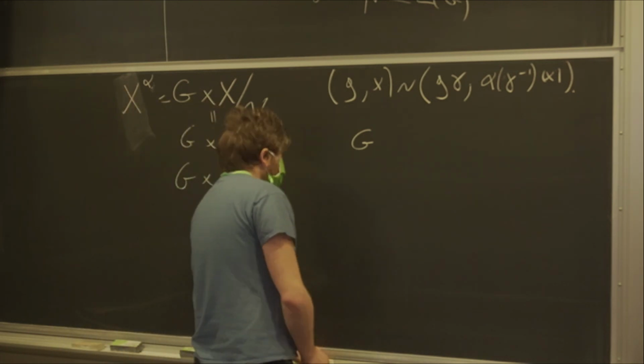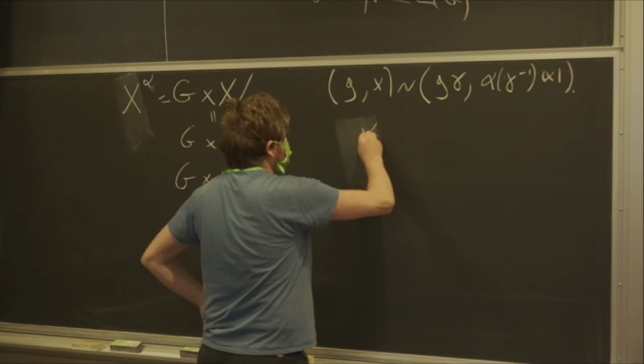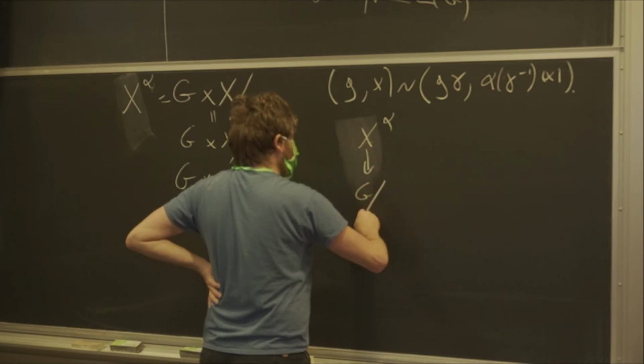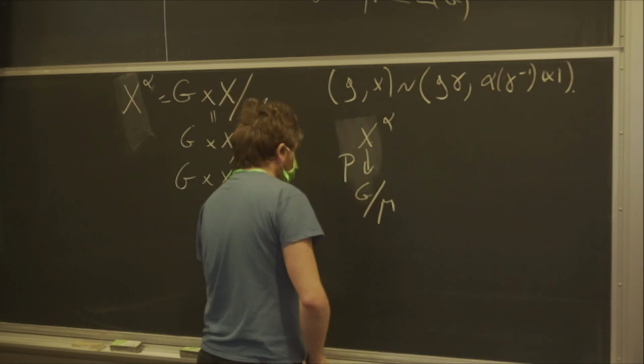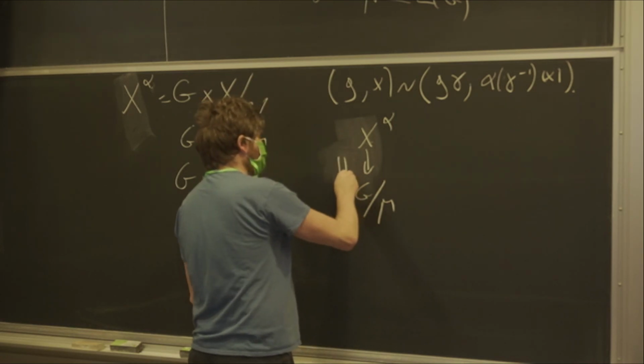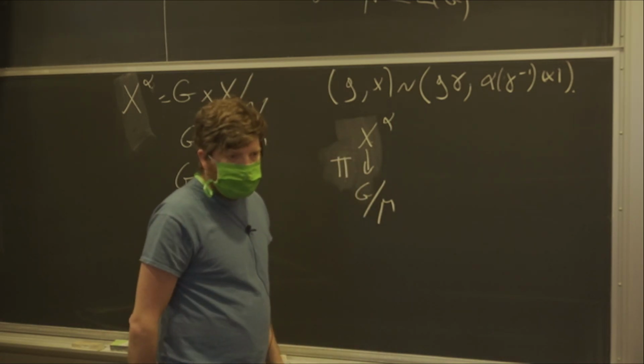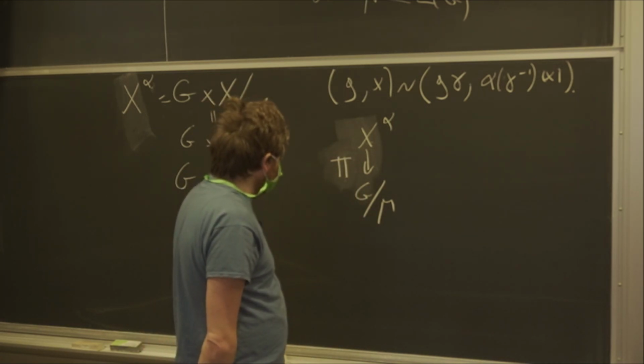So you have this natural projection from X_alpha into G mod gamma. Let's call it pi instead of p, because p will be a lot of guys. So we have this projection pi.